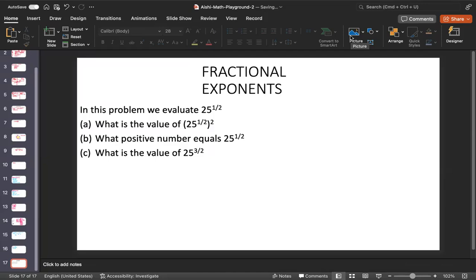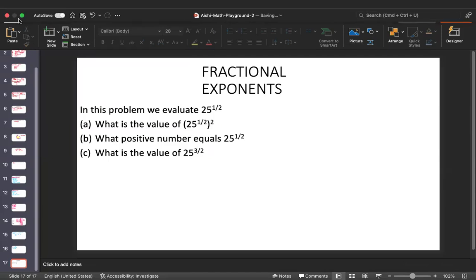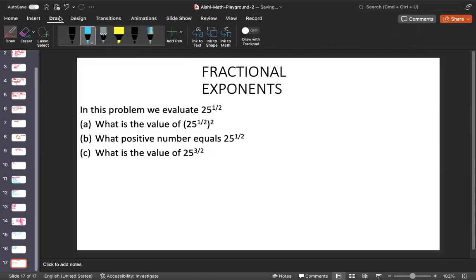So, A, what is the value of 25 to the power 1 by 2, to the power 2? As you can see, we could turn this into the square root of 25 to the power 2 using our law.